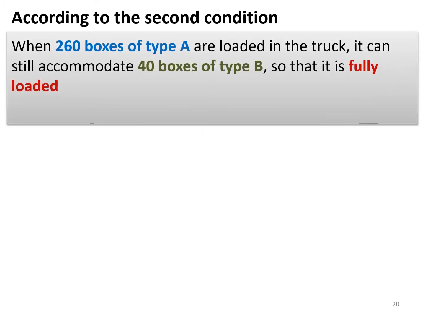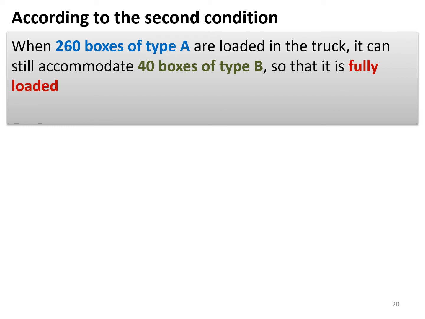Now according to the second condition, let's see what is the second condition. When 260 boxes of type A are loaded in the truck, it can still accommodate 40 boxes of type B so that it is fully loaded.